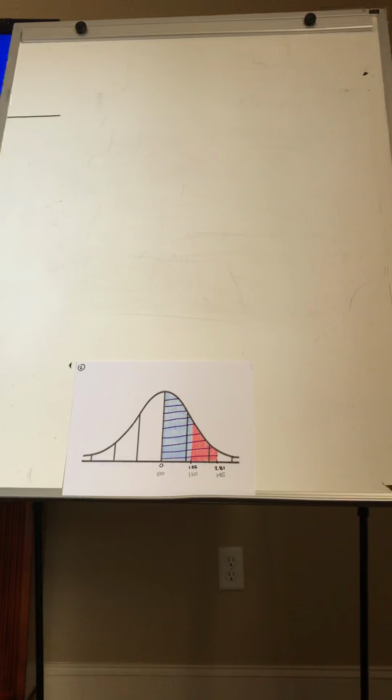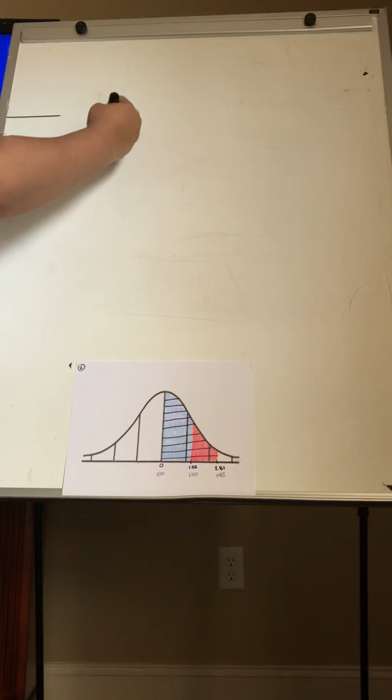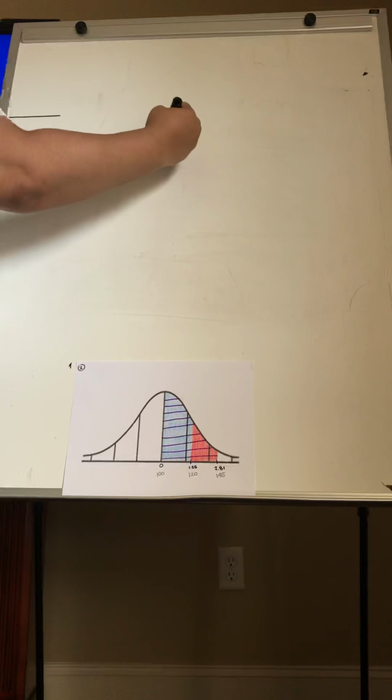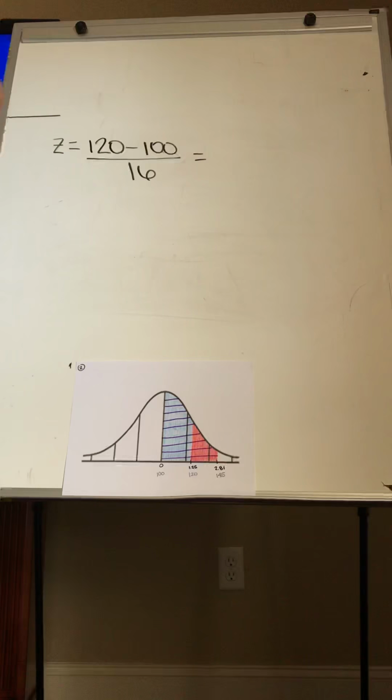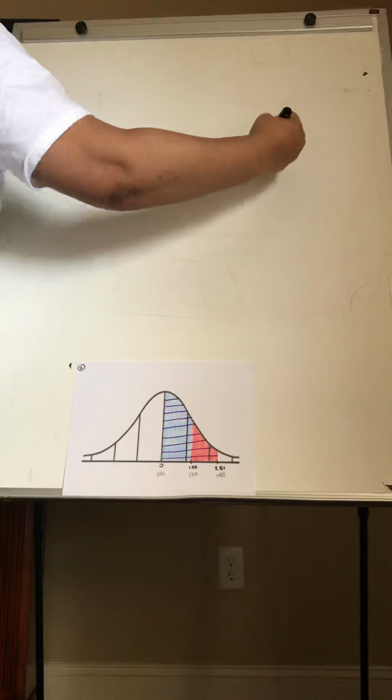Determine the percentage of people who have IQs between 120 and 145. So again, I need to convert 120 and 145 to z-scores. So we're going to say 120 minus 100 divided by 16. That would give us 1.25.